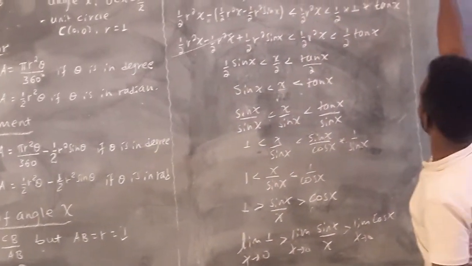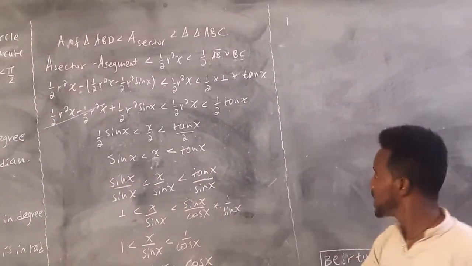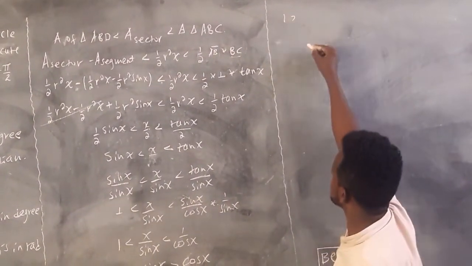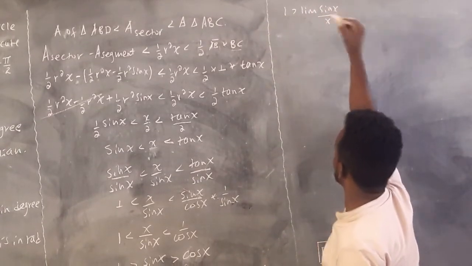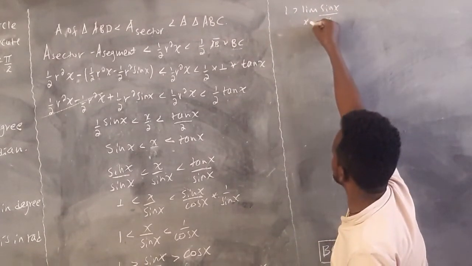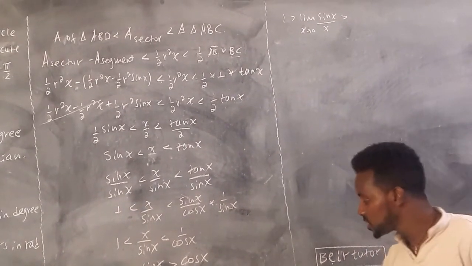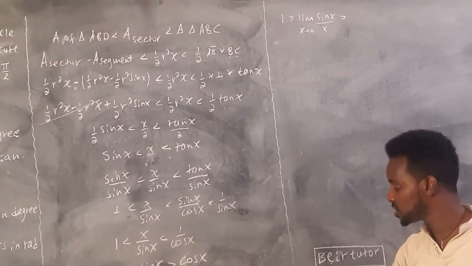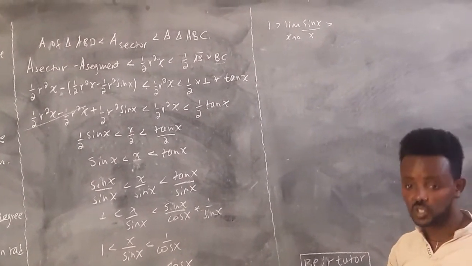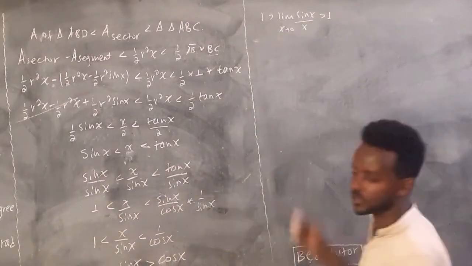So the limit of 1 as x approaches 0 is 1, which is greater than the limit of sin x over x as x approaches 0, which is greater than the limit of cos x as x approaches 0. If we substitute 0 degrees, cos 0 degrees is 1.